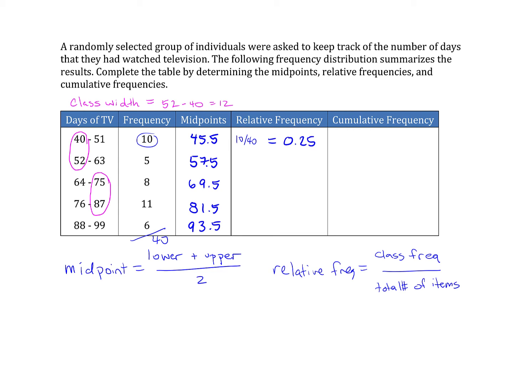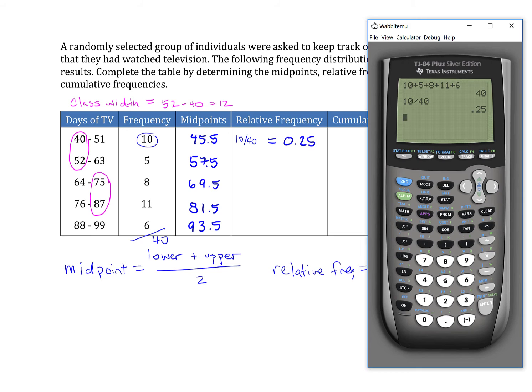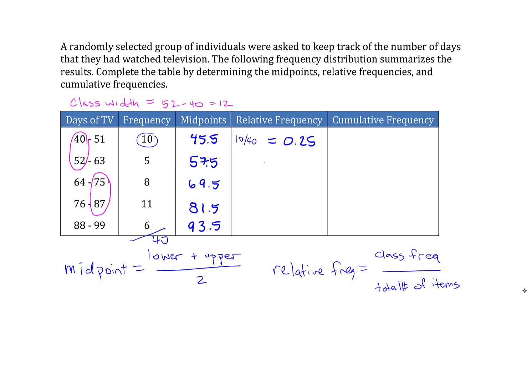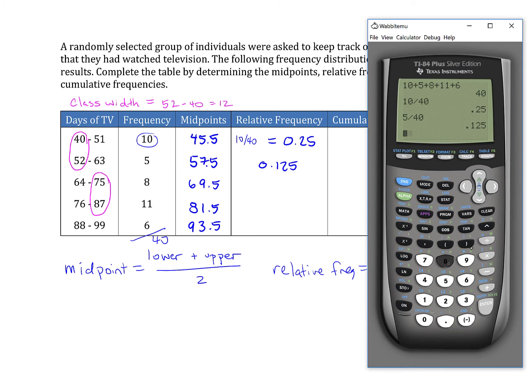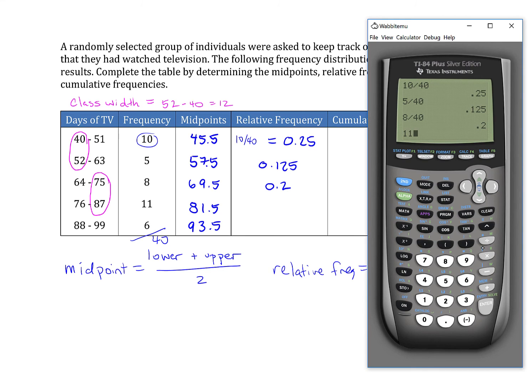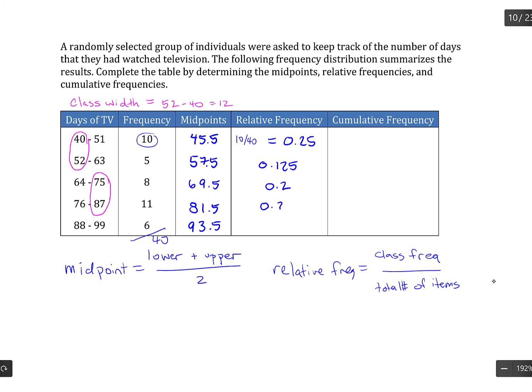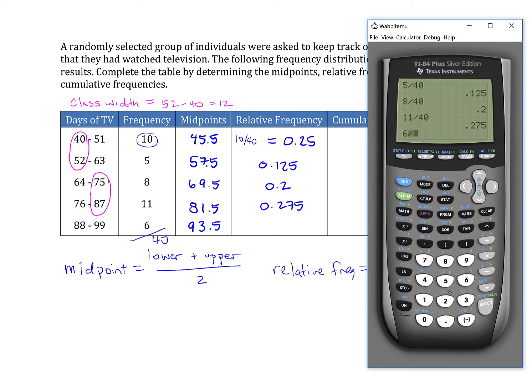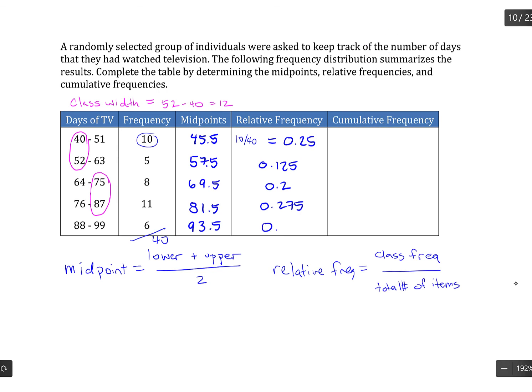The next relative frequency would be 5 over 40, which would be 0.125. Then 8 divided by 40 is 0.2. 11 divided by 40 is 0.275. And finally, 6 divided by 40 is 0.15.